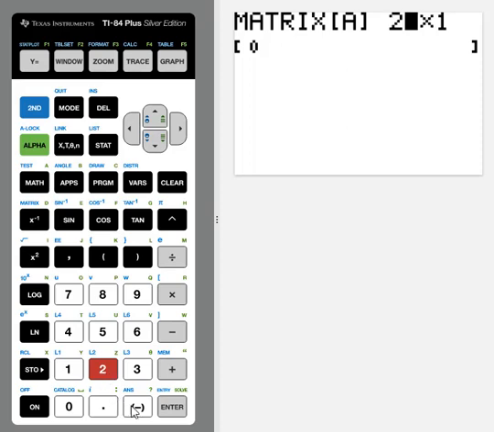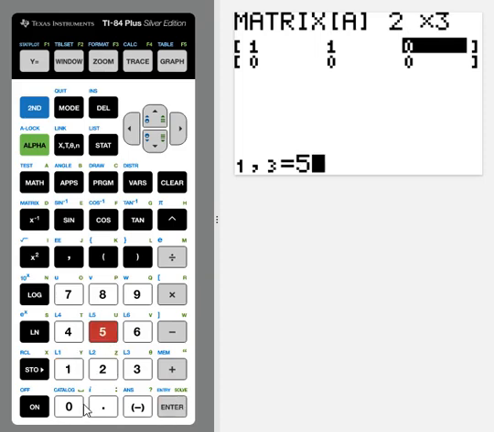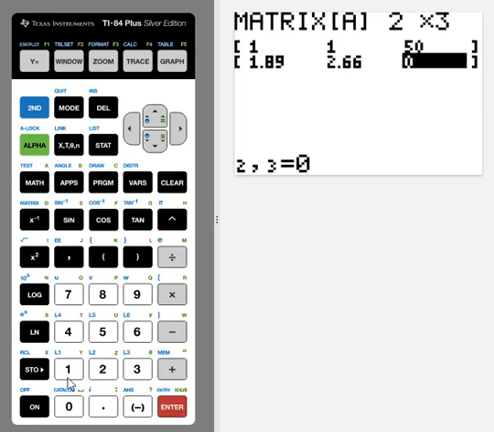We have 2 rows, then 3 columns. So we press enter. Then we put those numbers in: 1, 1, 50, 1.89, 2.66, 111.44.